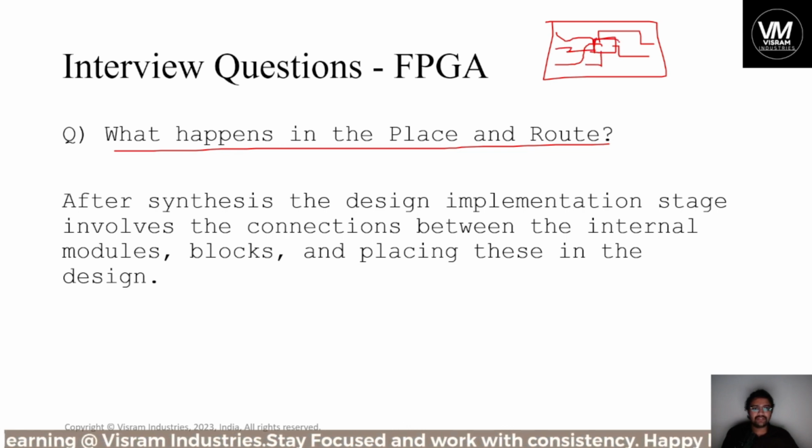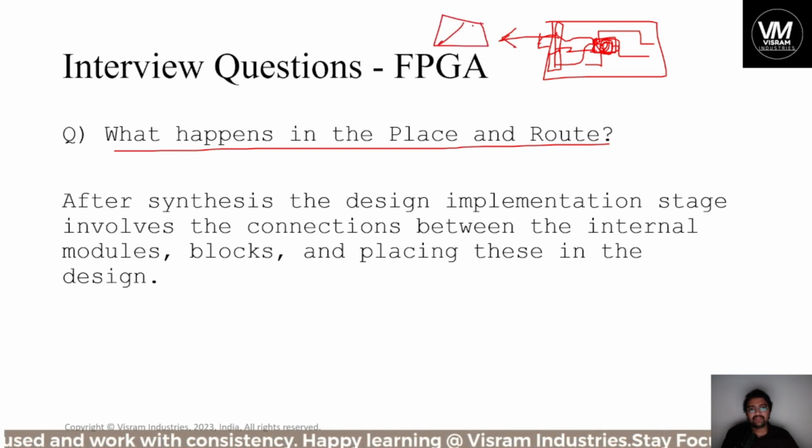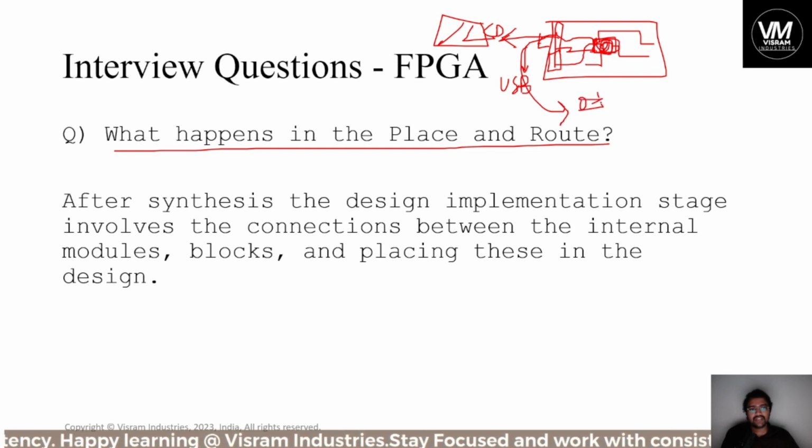So this is the placement of certain cells in the center of the design, and some IO buffers are placed at the end of the design such that they are easy to interact with an LCD display, or a USB port, or an audio jack, right? That is how IO buffers are placed at the end.